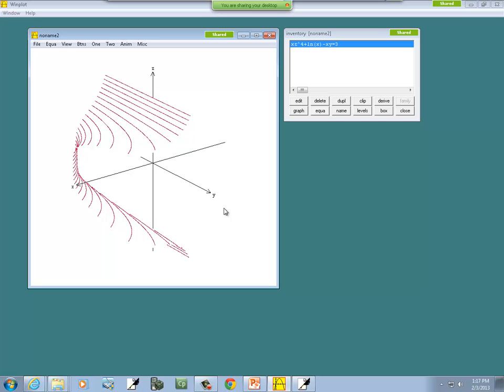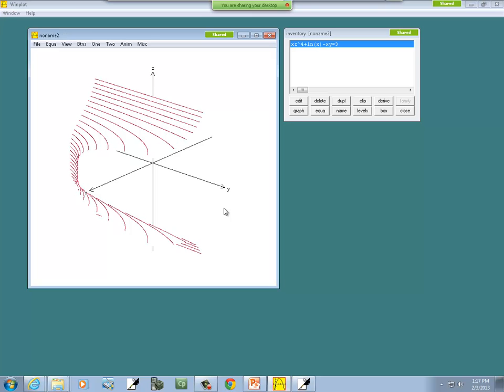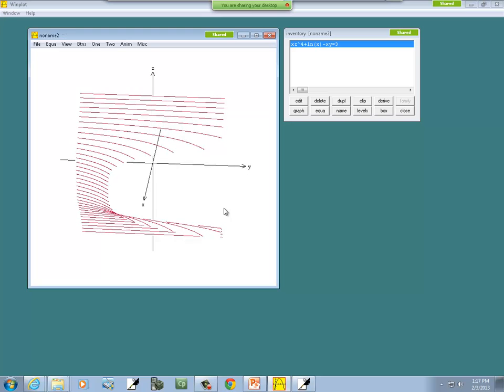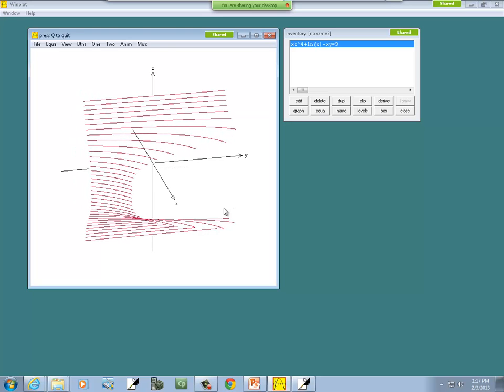And when I get to this point, sometimes I can use my arrow keys and rotate fairly well, sometimes not. There's our graph.